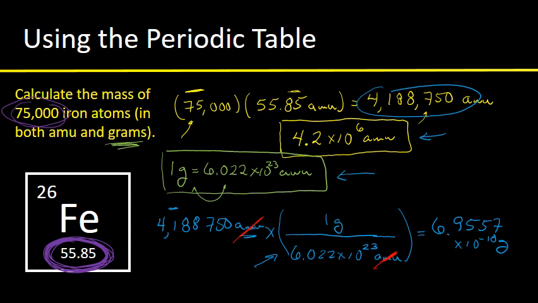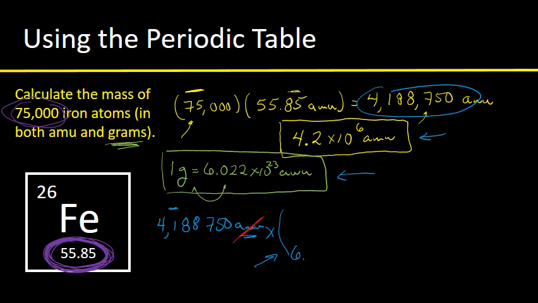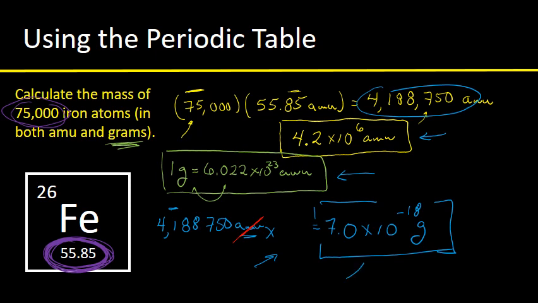This number here only had 2 sig figs, so this number here should have 2 sig figs. So we'll rewrite that. I'm going to clear some of this out to make some space. Okay. All right, so we would rewrite that then as 7.0 times 10 to the minus 18 grams. Right. All right, and there's our result. Wonderful.